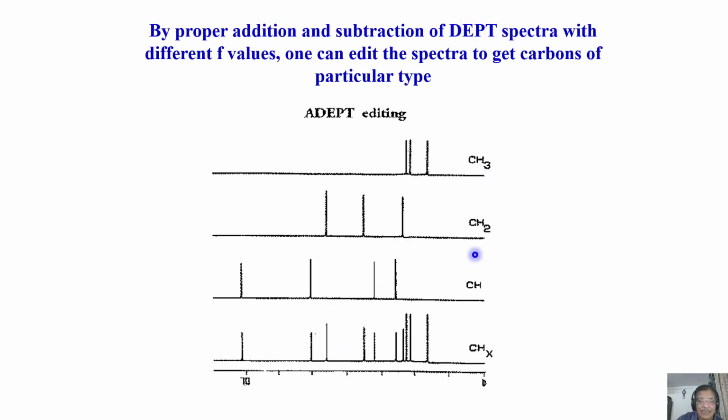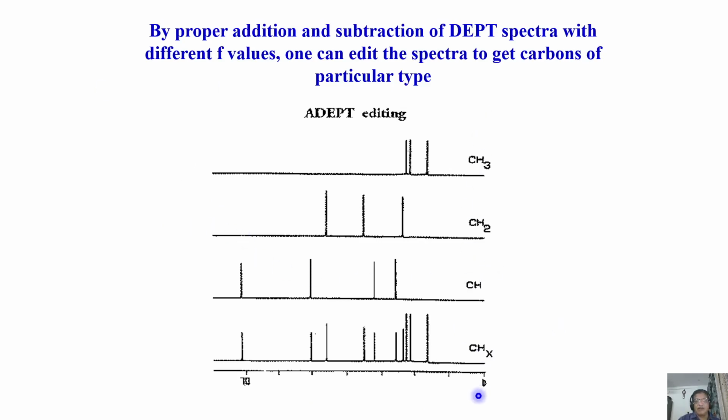Of course, you have to scale the intensities. You know, all intensities are not the same. That's called an intensity scaling factor. You can scale it and then make a subtraction. When you do that, this is called DEPT editing. You can get a CH3 only spectrum. You can get a CH2 only spectrum. You get a CH only spectrum, and of course, you can get quaternary alone also. See, very easy now.